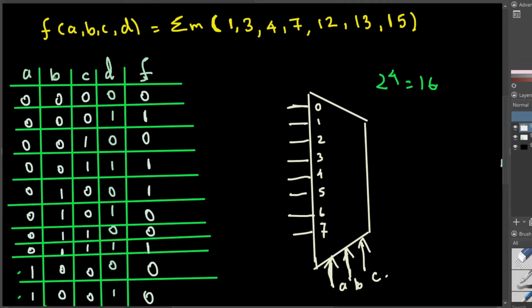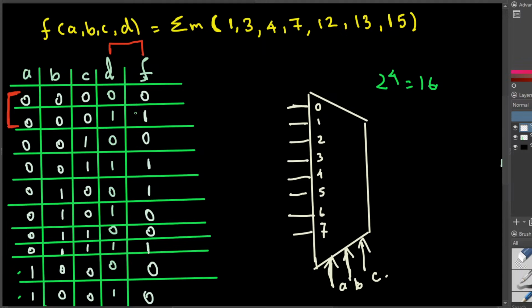So here I can group these two, A, B, C. When A is 0, B is 0, C is 0, I can group these two together, right? At these points, how does D act? When D is 0, function is 0.